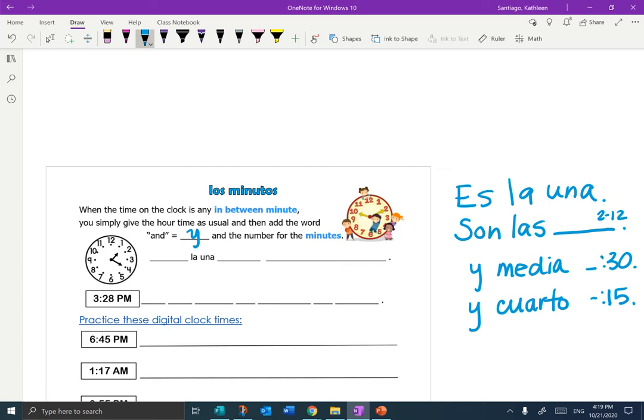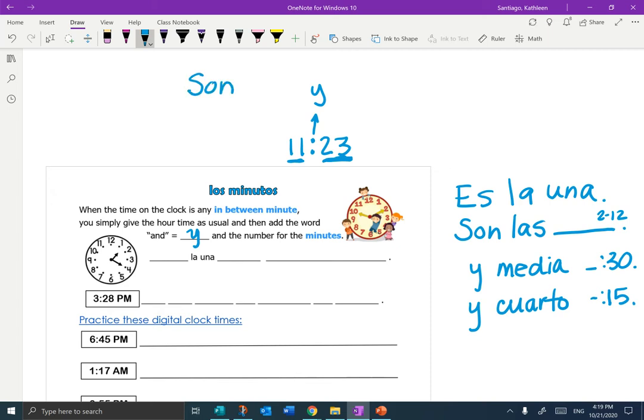So remember what we said today. Let's look at a time. Perhaps we have the time 11:23. So the first part is to say the 11. When you get to the colon, you're going to say E, and now we're just going to say the minutes that come after it. So this, for example, would be, is it es la or son las?